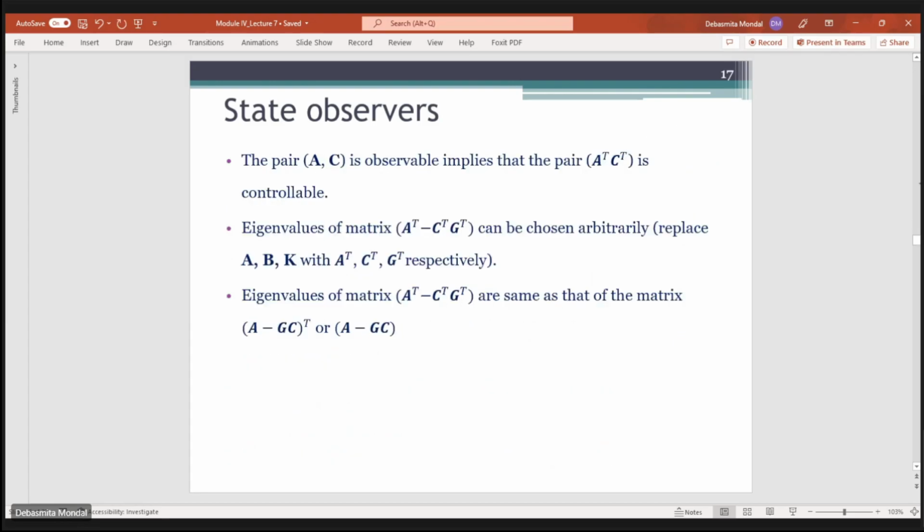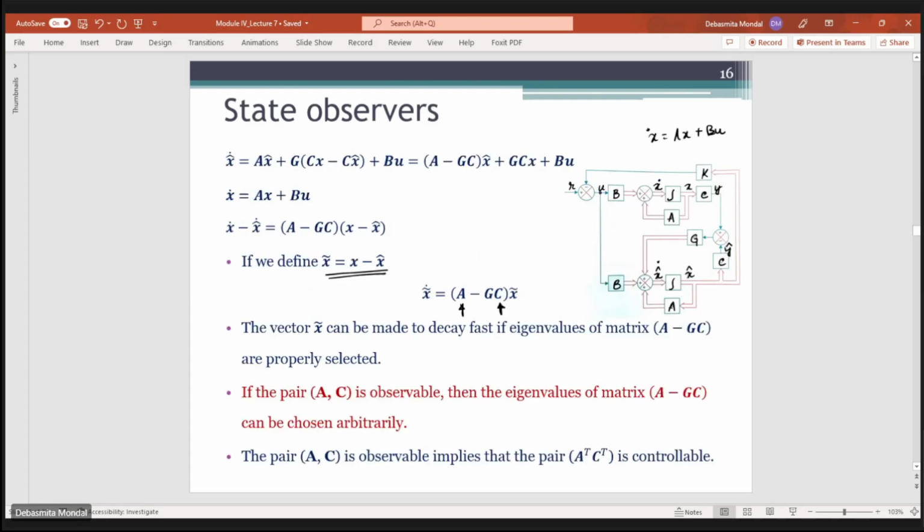Now the eigenvalues of the matrix A transpose minus C transpose G transpose can be arbitrarily chosen, because here you have this matrix A minus GC.